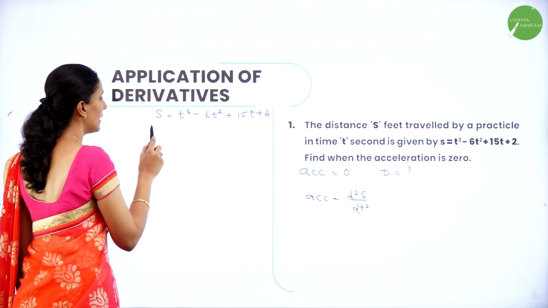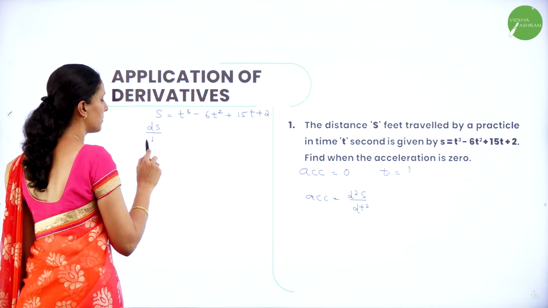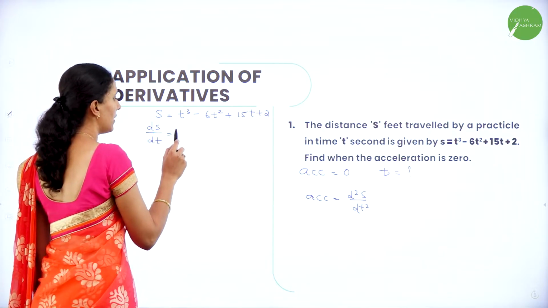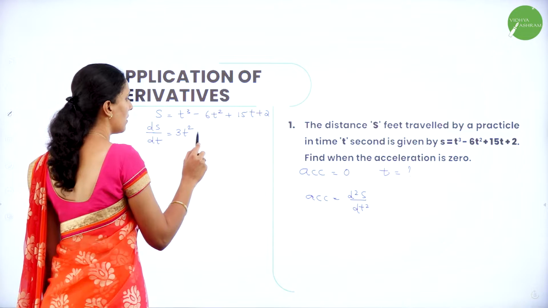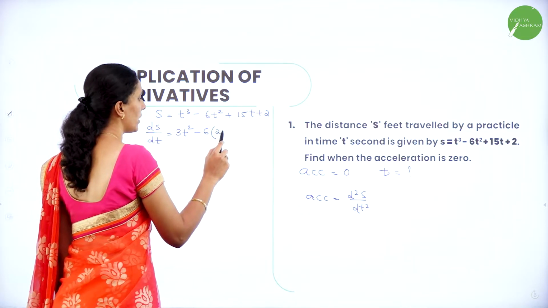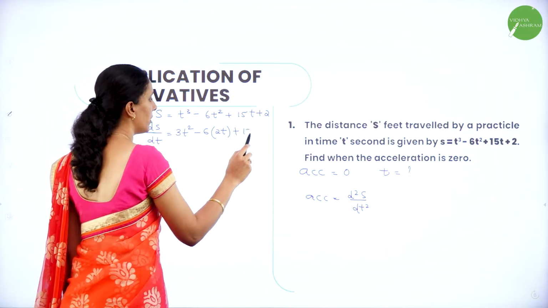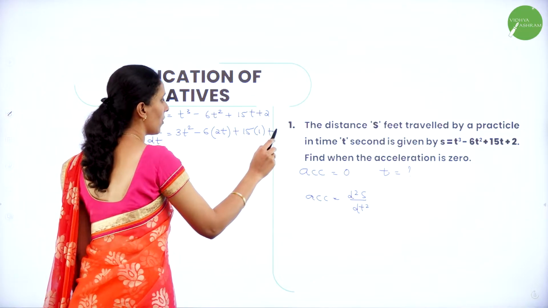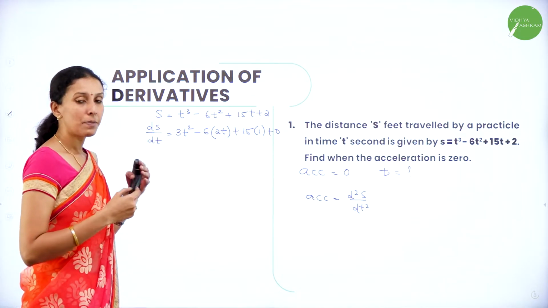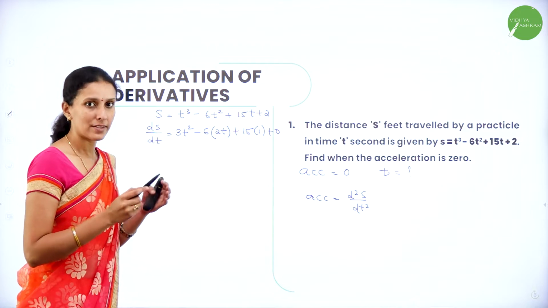So therefore, ds by dt is nothing but 3t square minus 6 into 2t plus 15 into 1 plus 0. I am differentiating as you have learnt with respect to x.